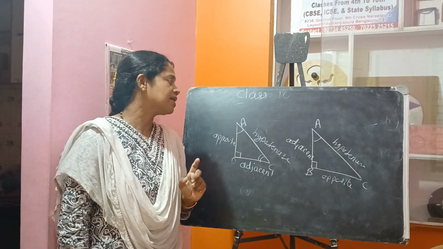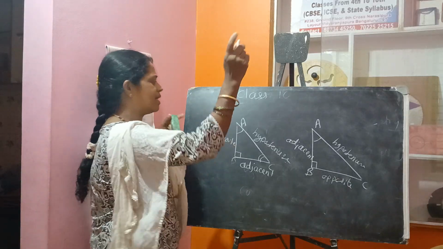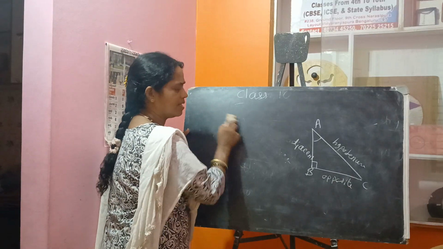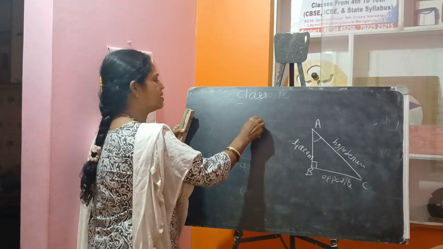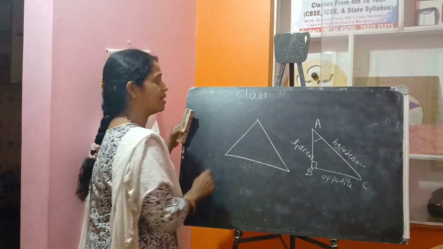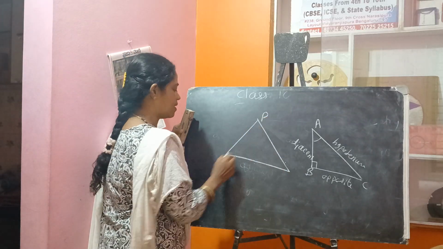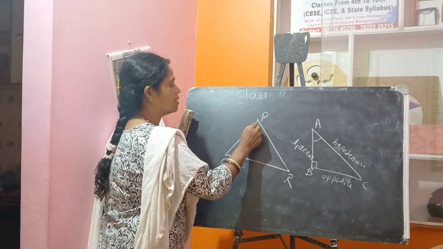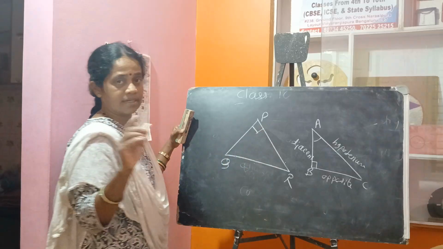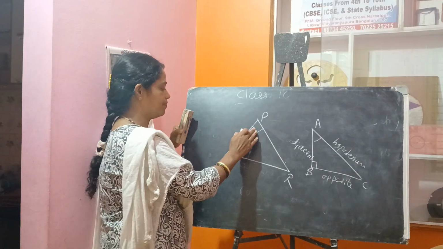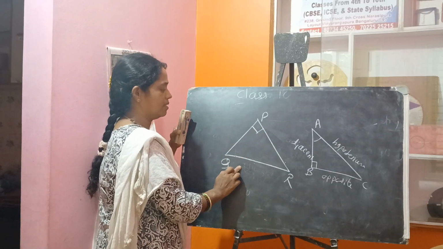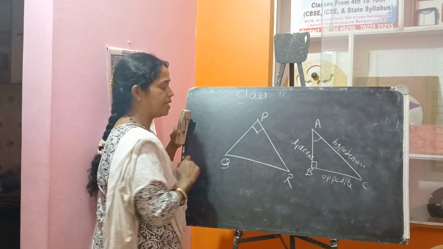Similarly, you can try any right angle triangle. Now I am taking triangle PQR, where angle P is 90 degrees. Which side is opposite to angle P?